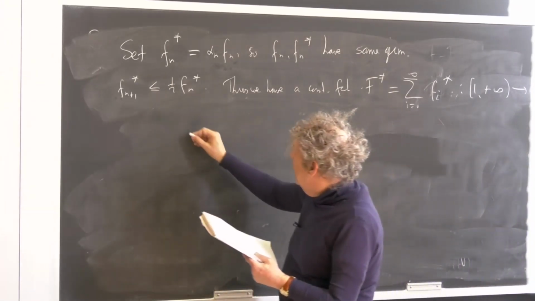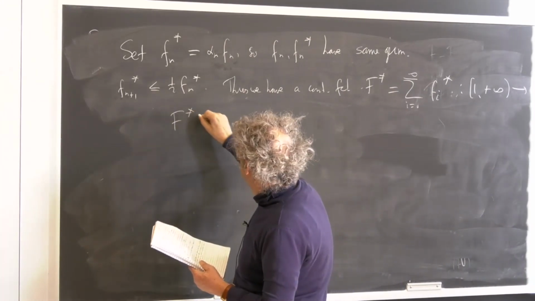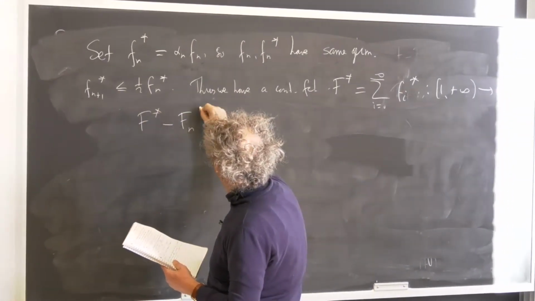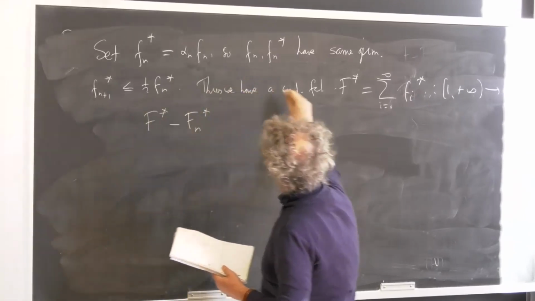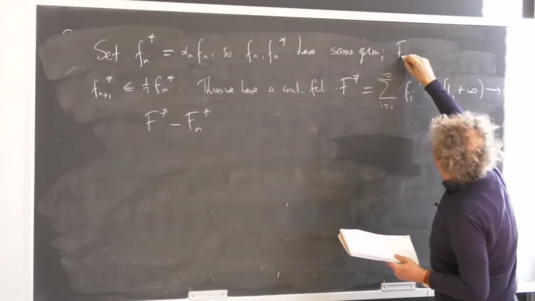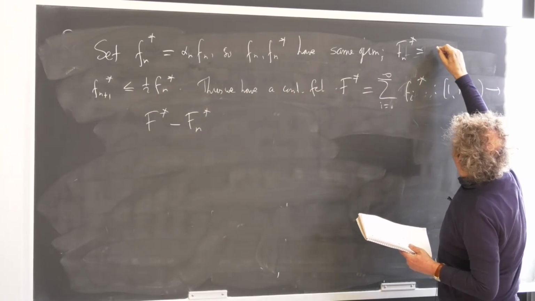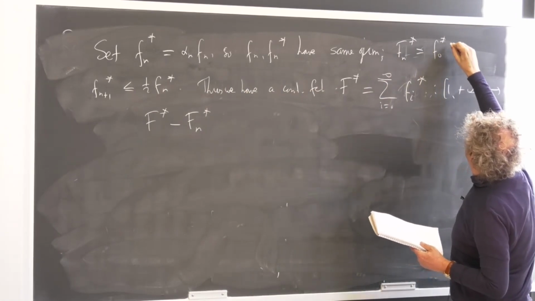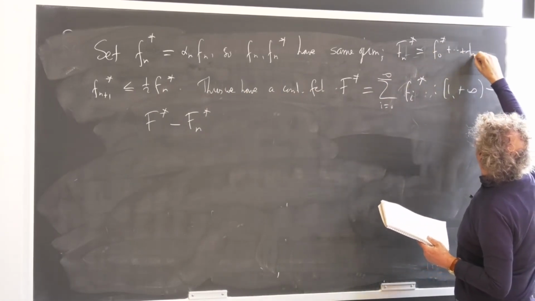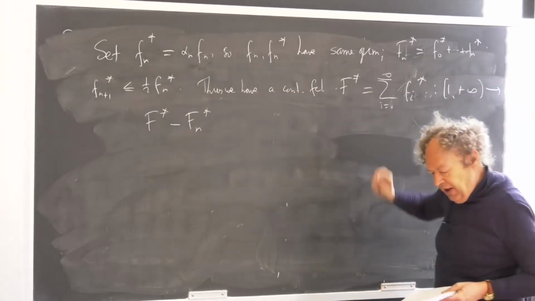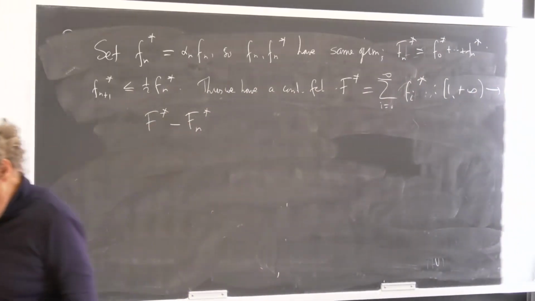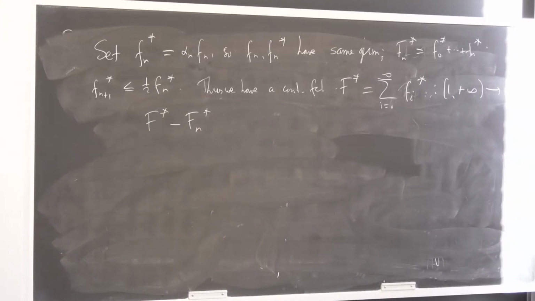Of course, fn star is also equal to f0 star plus and so on. We simply replace everywhere the f_i's by the f_i stars and adapt everything accordingly.